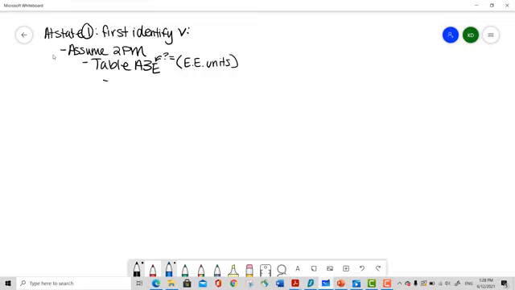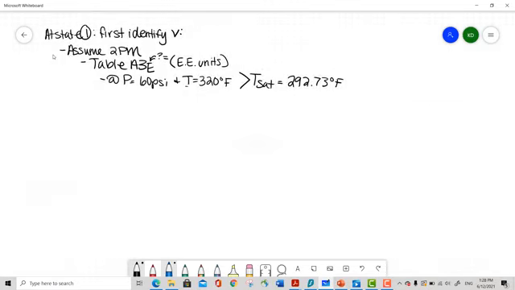And so then, since we are given pressure, at a pressure of 60 psi and a temperature of 320 degrees Fahrenheit, we know that our Tsat is 292.73 degrees Fahrenheit. With this information, we can go to the flow chart. And that state is superheated vapor.